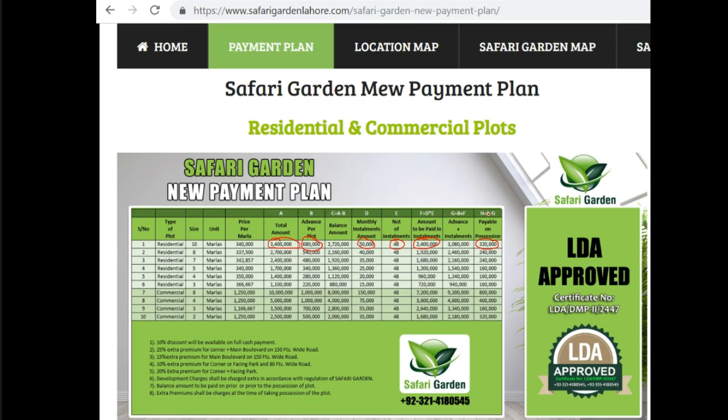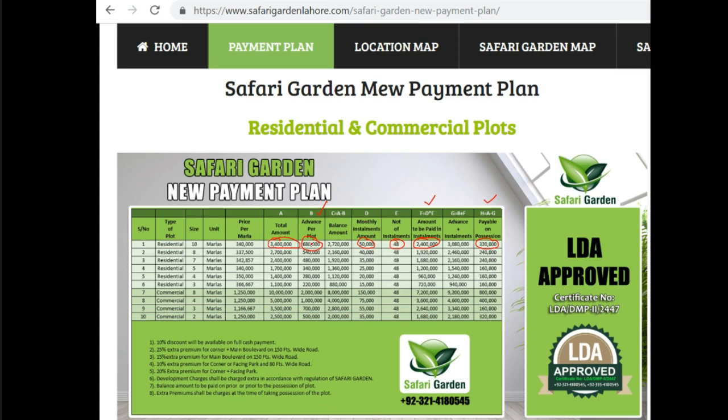If you take this down payment, column B, column F, which is the total amount of monthly installments, and finally the payment upon possession, these three add up to the 3.4 million that you're seeing over here. So this is how this 3.4 million will be spread out over time.